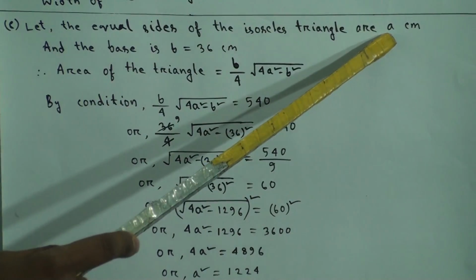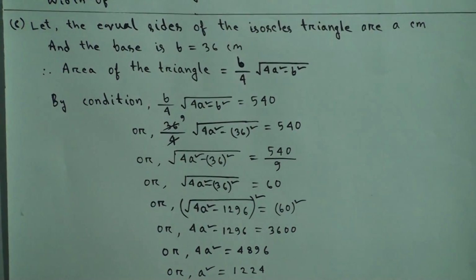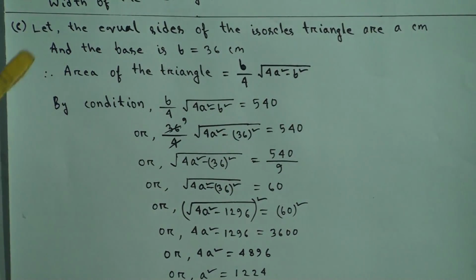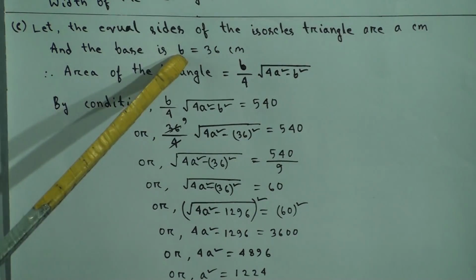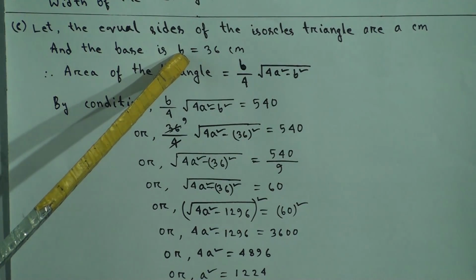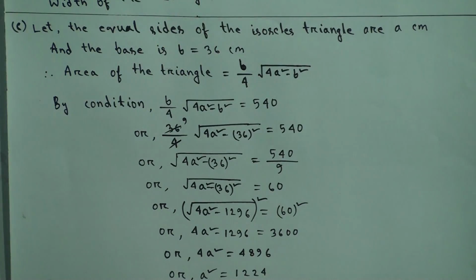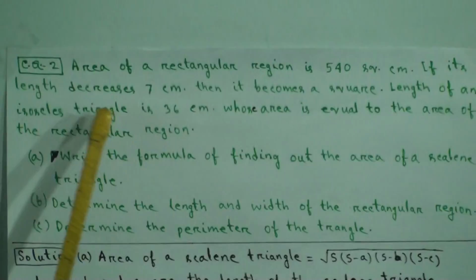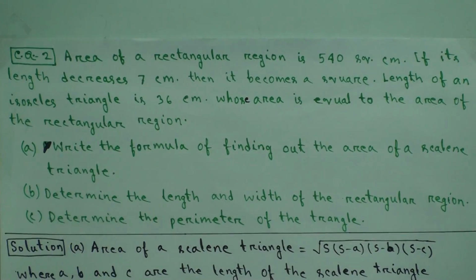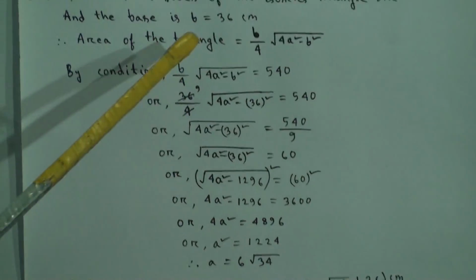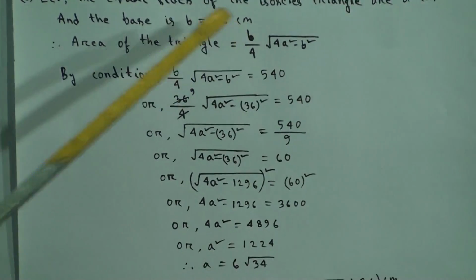At first we will assume that equal sides of the isosceles triangle are a centimeter and another side, that means base, is b, and here the value of base is given. In the question it is mentioned that the base of the isosceles triangle is 36 centimeters. So base will be 36 centimeter, b equal to 36 centimeter.